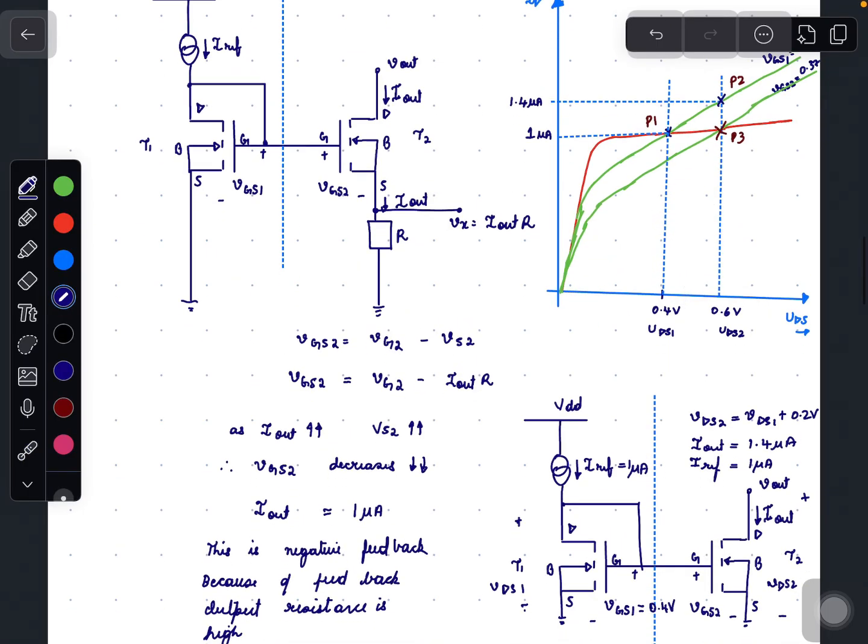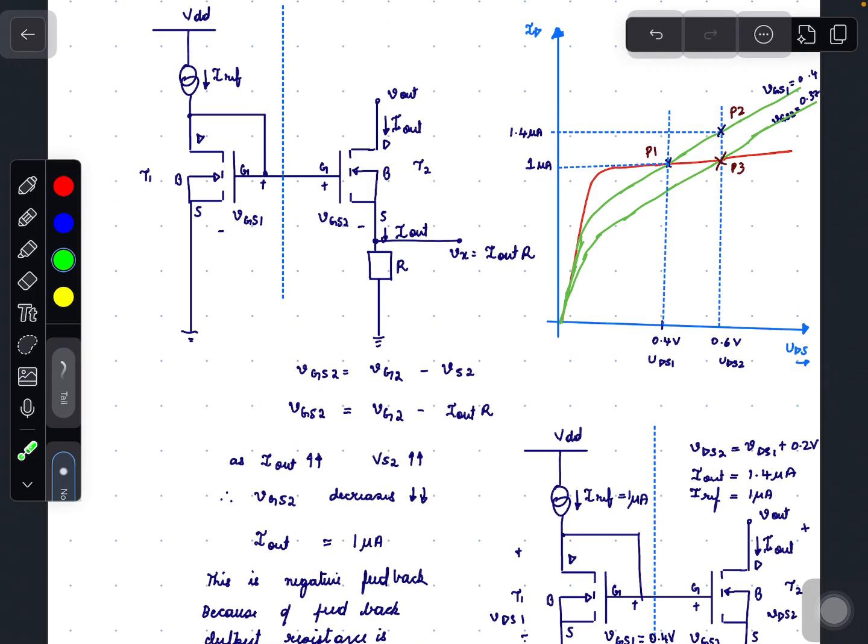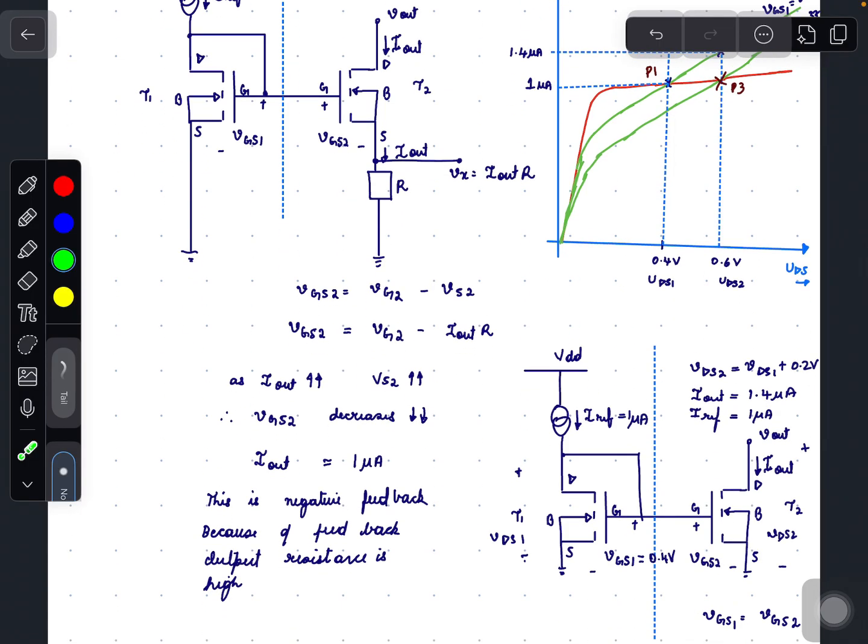But the gate to source voltage for Iref equals 1 microamp is 0.4 volts. So for 0.4 volts of gate to source voltage, which equals drain to source voltage, we get a current of 1 microamp. Here we have a 1:1 current mirror, that is W by L of 1 equals W by L of 2. So we expect Iref equals I out when the VDS voltages are the same.